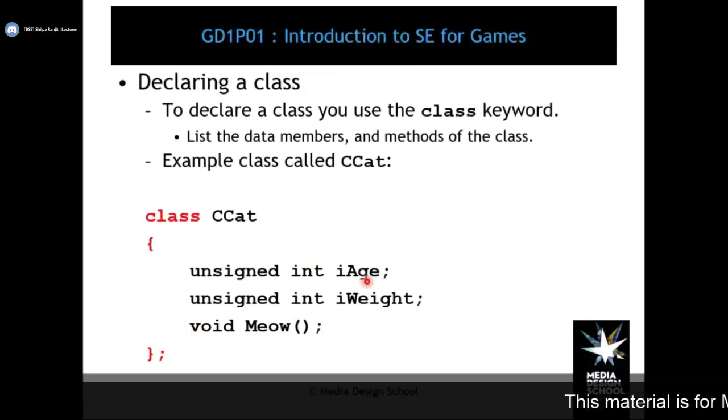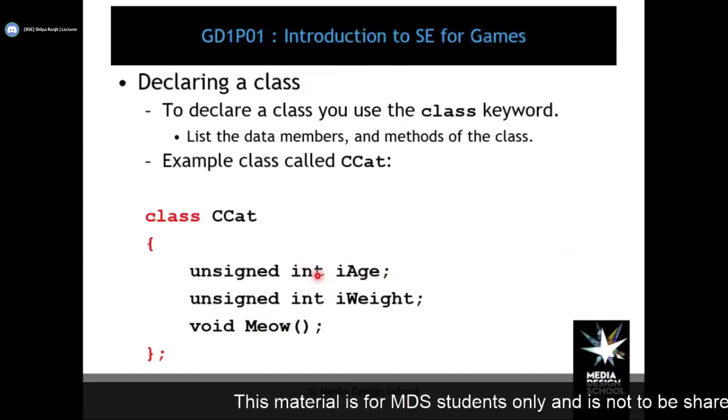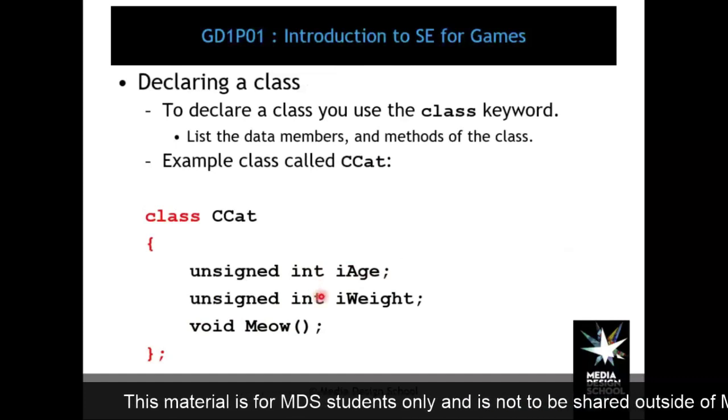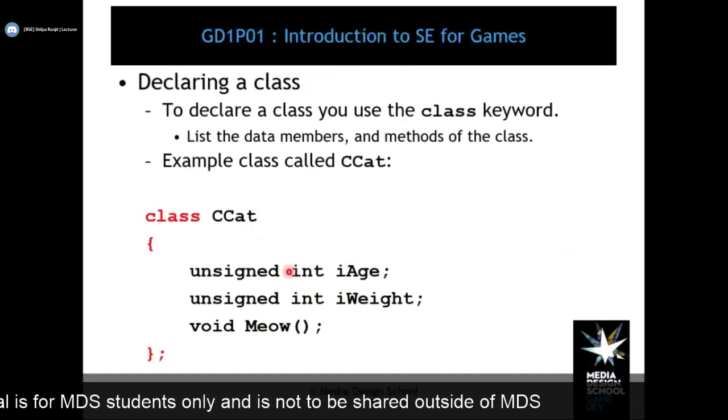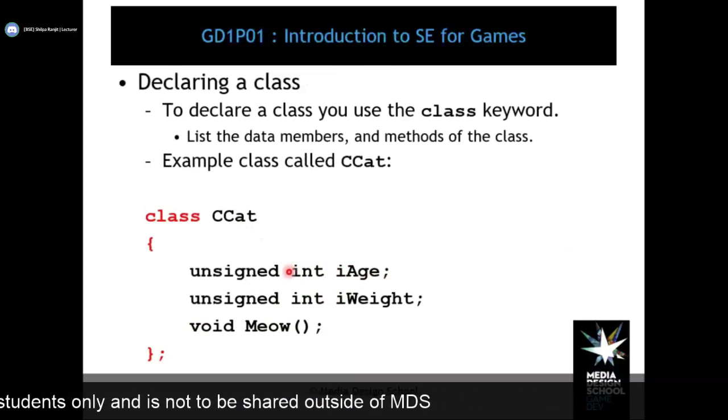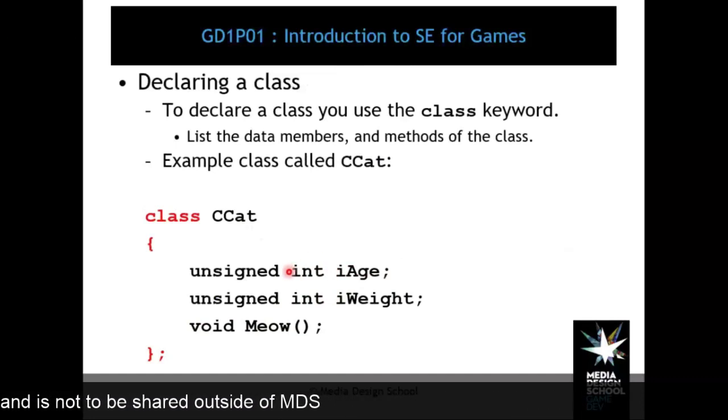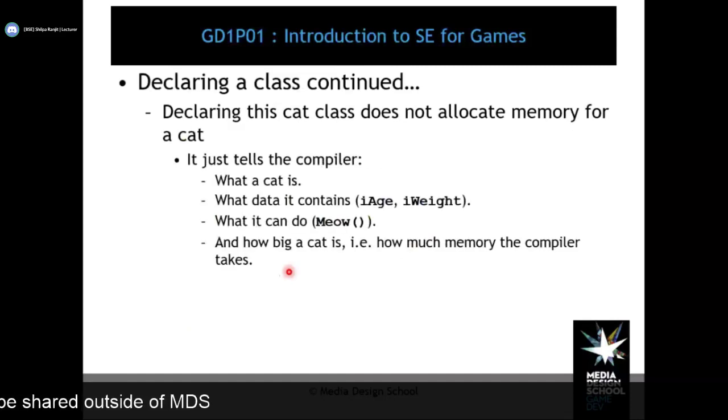The memory space is just for the data members. So you've got 4 bytes for iAge and 4 bytes for iWeight, and 4 plus 4 is equal to 8. If you create an object out of CCat, it is going to be allocated a memory space of 8 bytes. So be very careful about how many members you have, because the more members you have, the more memory it's going to take up.